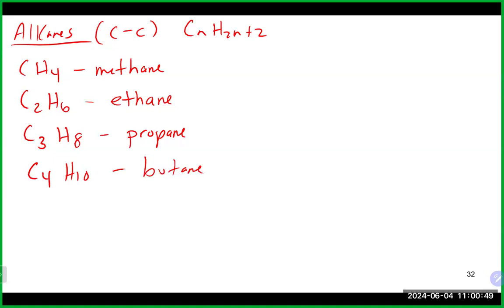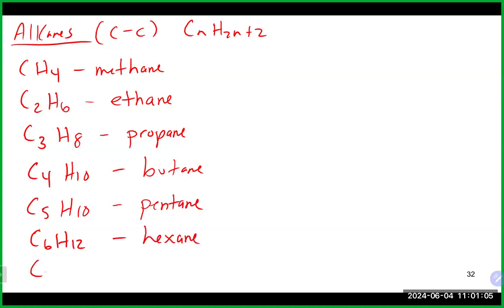When you hit 5, it kind of goes prefixes at that point. C5H12, that is 5 is penta, so that is pentane. C6H14, hexa, so that is hexane. C7H16 is heptane, or hepta.